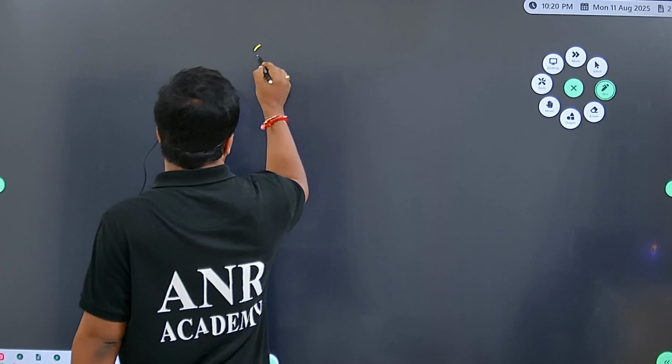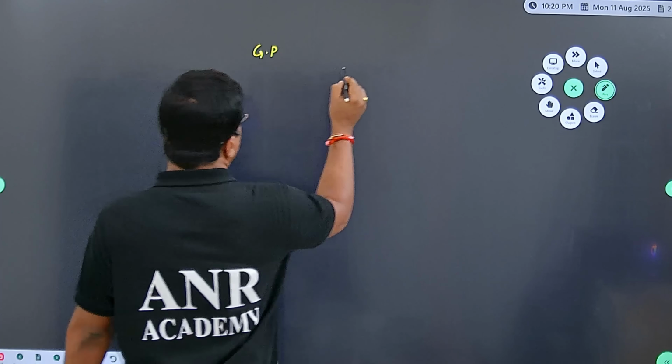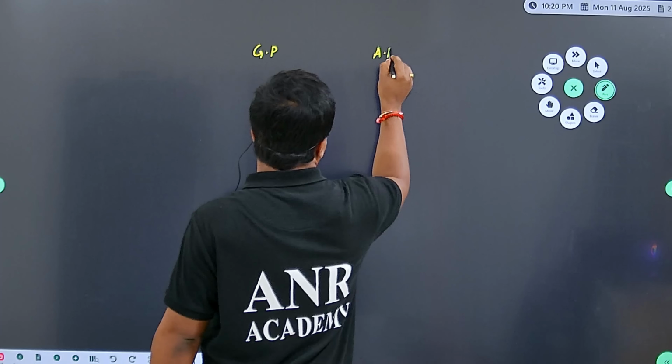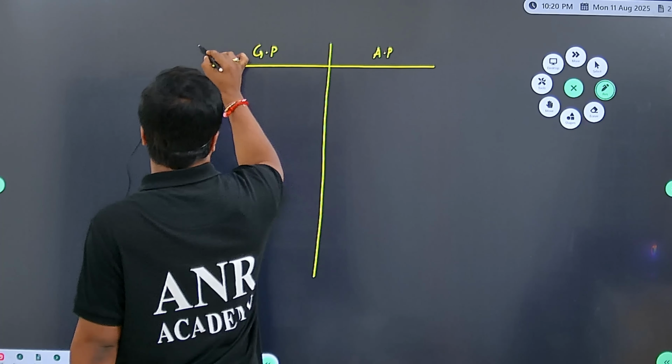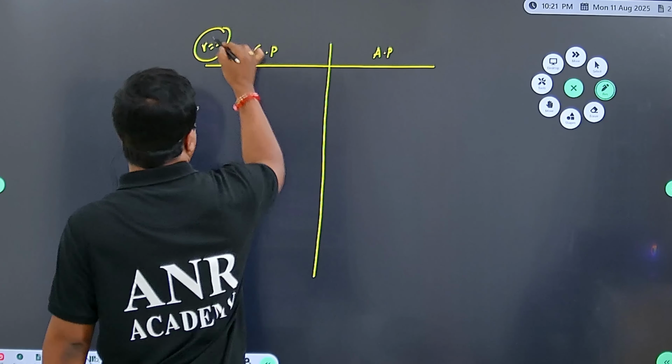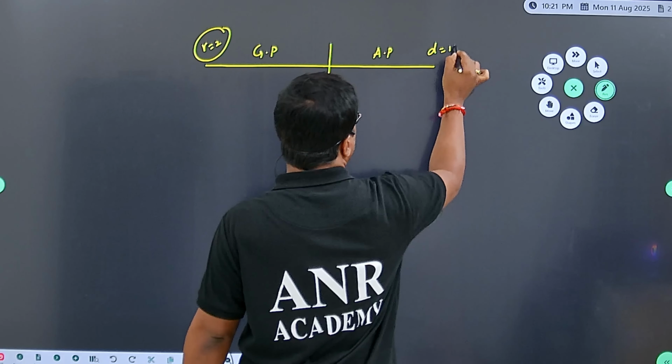Suppose the sequence of terms in GP and AP, the same I am going to write, with common ratio 2, and here I am going to select common difference 1.